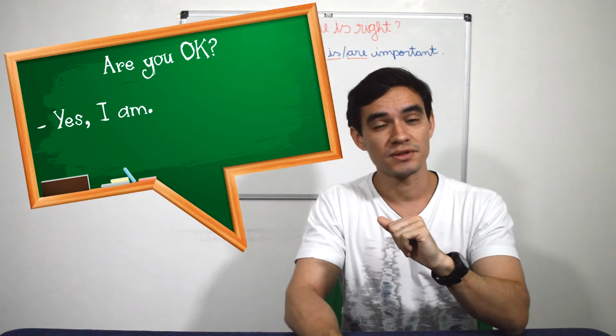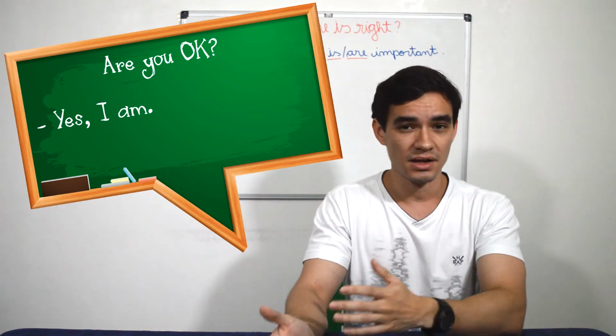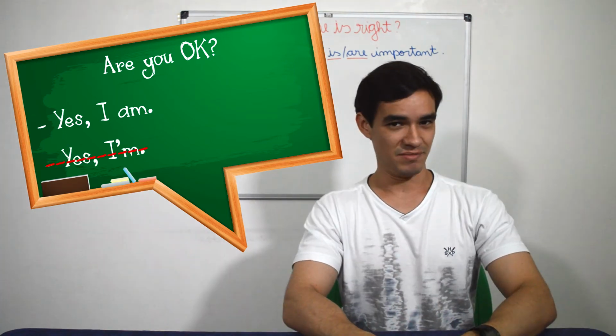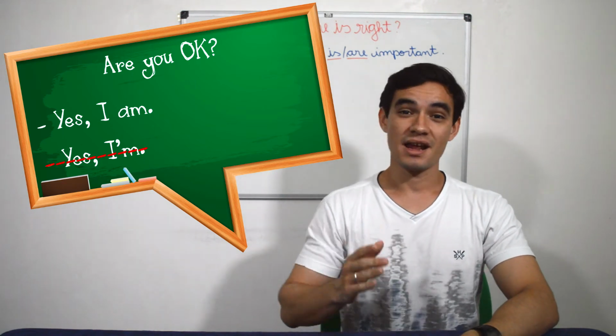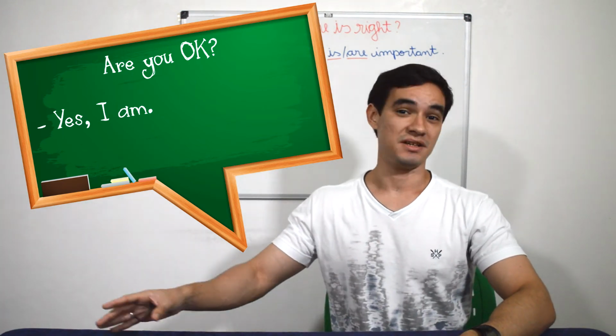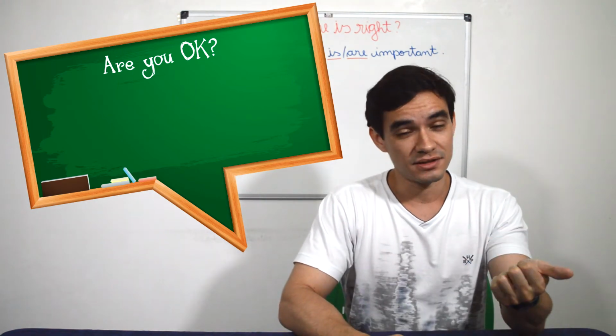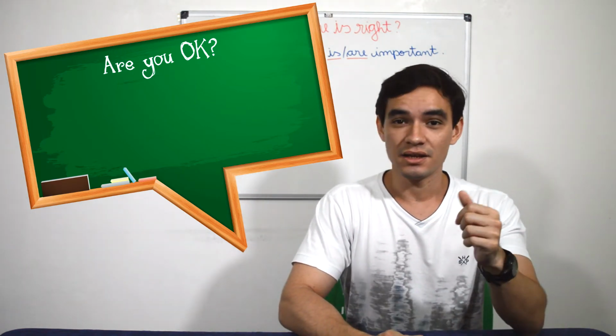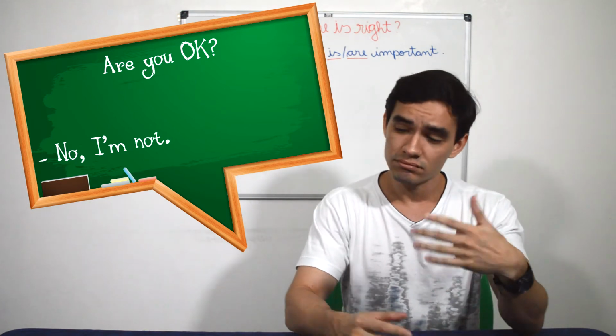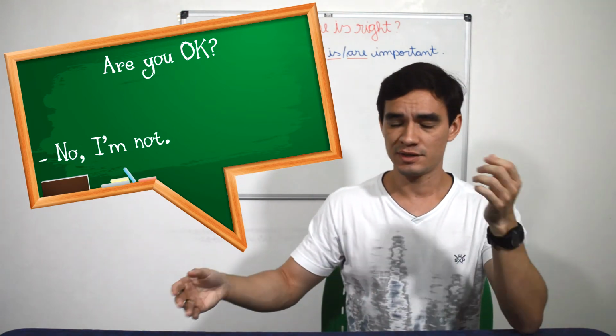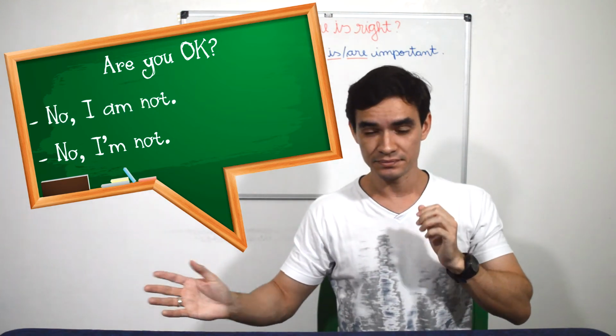Therefore, when it comes to the verb to be, you can't answer yes, I'm. Okay? It has to be yes, I am, separated. But in the negative, you can contract if you want, say, no, I'm not, or leave it, no, I am not.